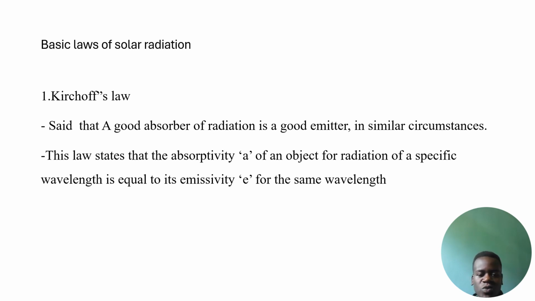The first law is also called Kirchhoff's law. He said that a good absorber of radiation is a good emitter in similar circumstances. This law states that the absorptivity of an object for radiation of a specific wavelength is equal to its emissivity for the same wavelength.